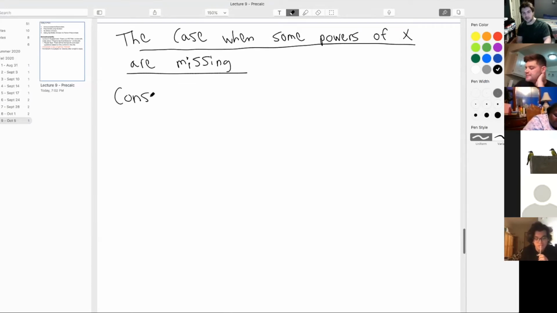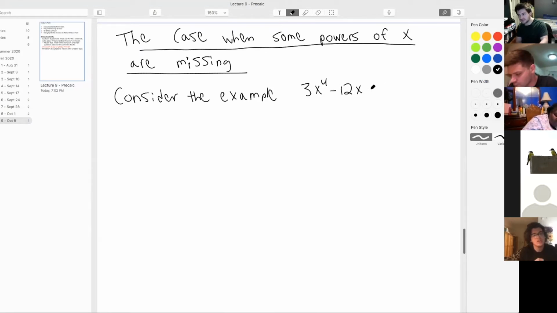So consider the example 3x to the 4th minus 12x plus 5 divided by x plus 1.